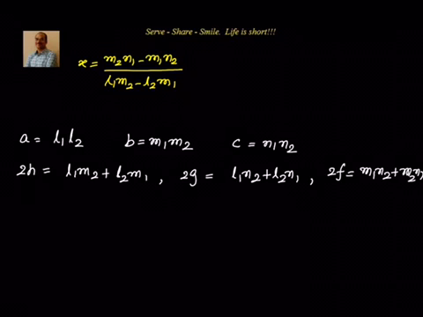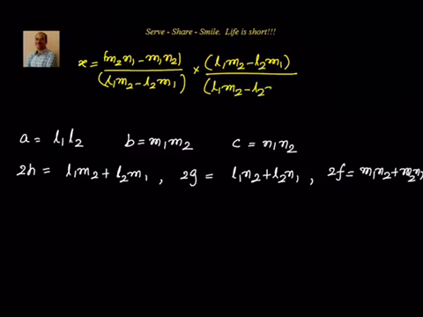So I'll multiply this whole thing with the denominator again. We'll multiply with L1 M2 minus L2 M1 divided by L1 M2 minus L2 M1.